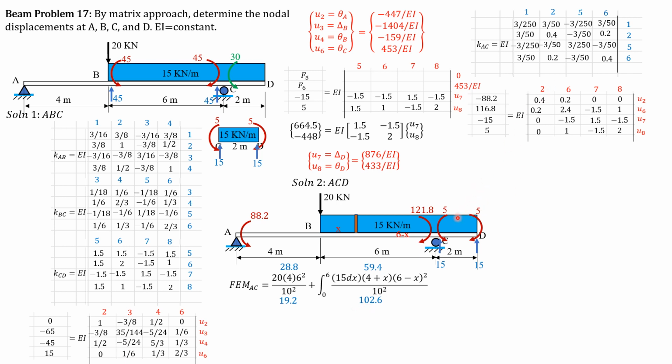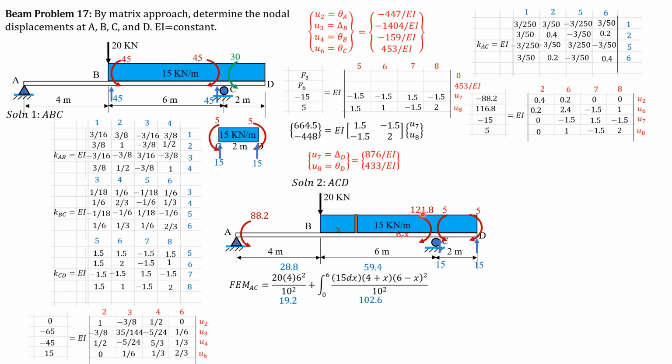121.8. This one, clockwise. Then the net forces would be opposite to this at A. So clockwise, negative 88.2. Then at C, which is 6, 121.8 minus 5.